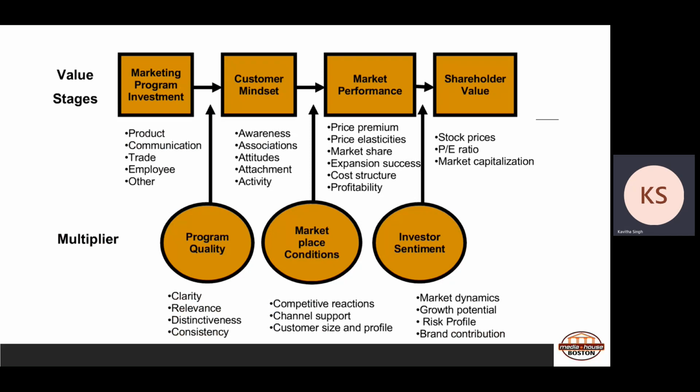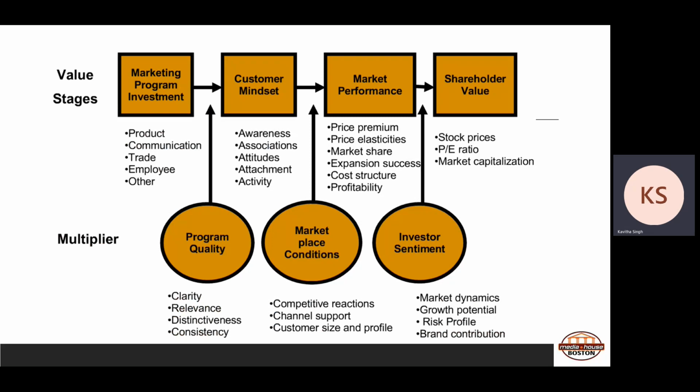Now, when you look at the brand value model, there are a number of squares and circles in terms of how this model is broken up. The model is split into two. They have value stages at the top and multipliers at the bottom. So when you look at the value chain, it has several principles, and this is from Bouab and Bukili.